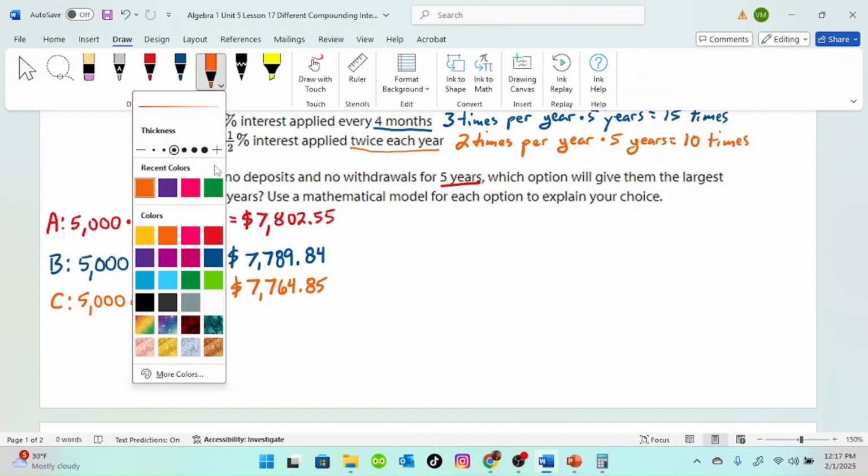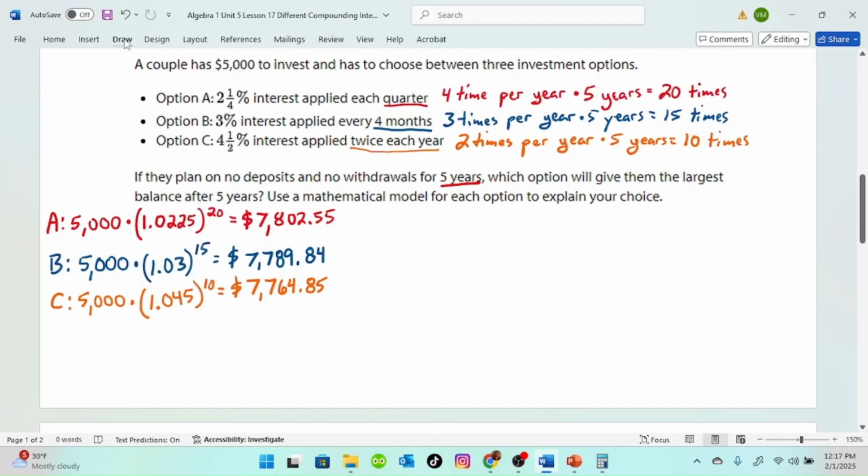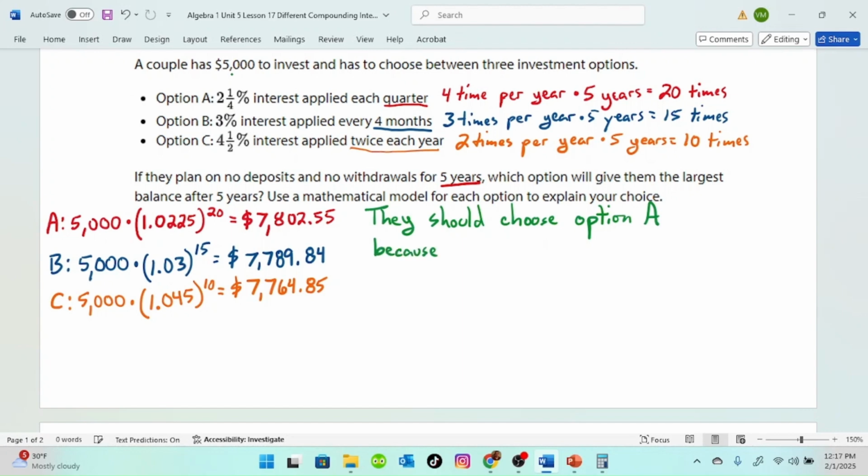So if we wanted to see which one they should choose, they should choose option A, because it makes them the most money.